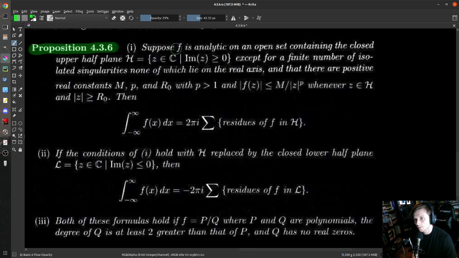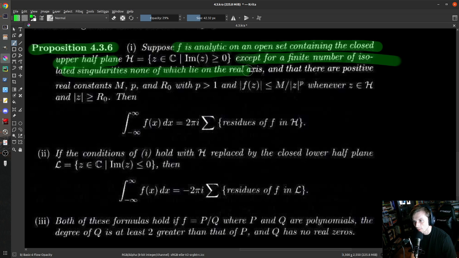So part 1, suppose f is analytic on an open set containing the closed upper half plane, that is, everything above the real axis, including the real axis, except for a finite number of isolated singularities, none of which are on the real axis.